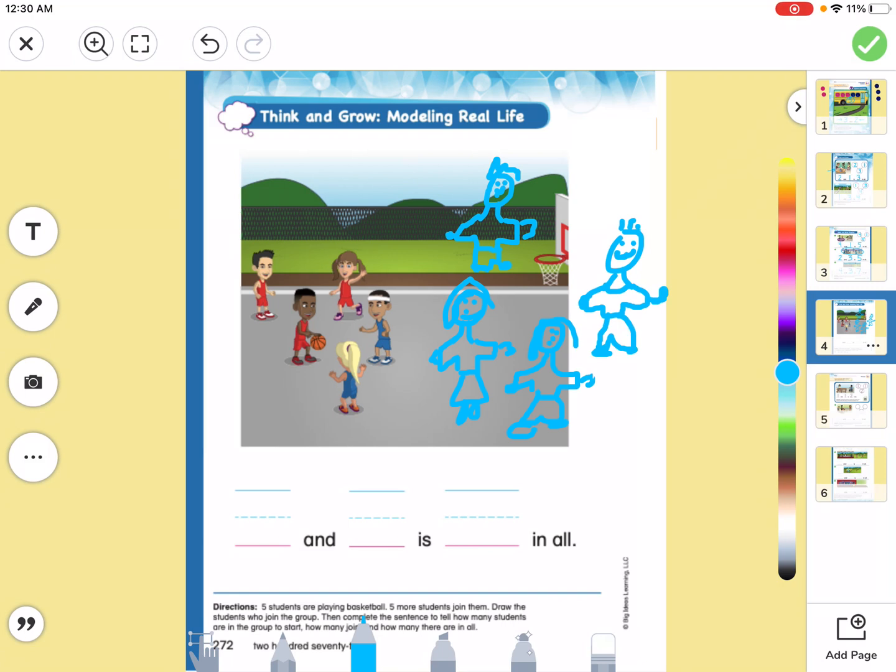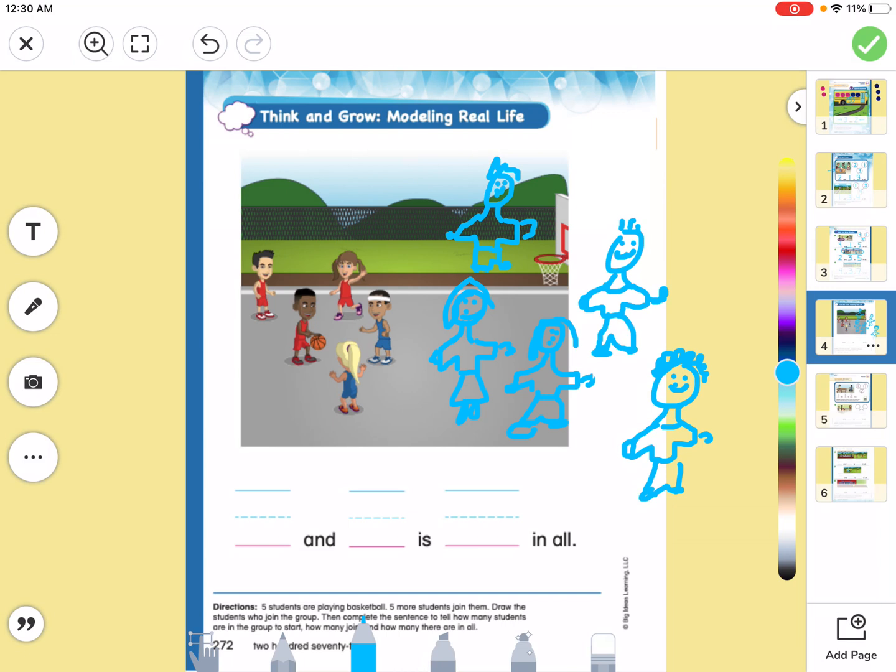There's 4. And there's 5. Okay, so it says 5 students are playing basketball.